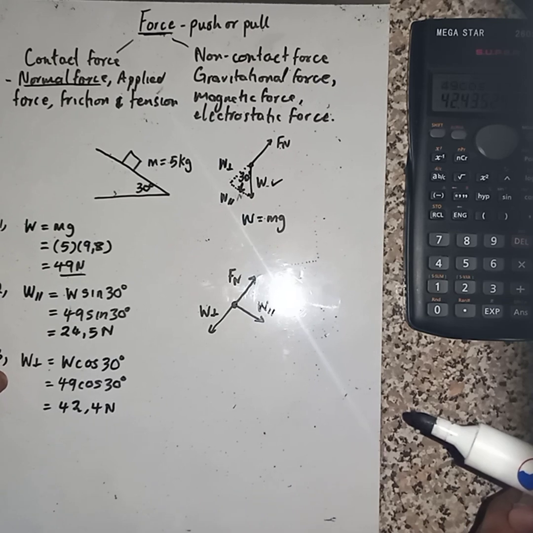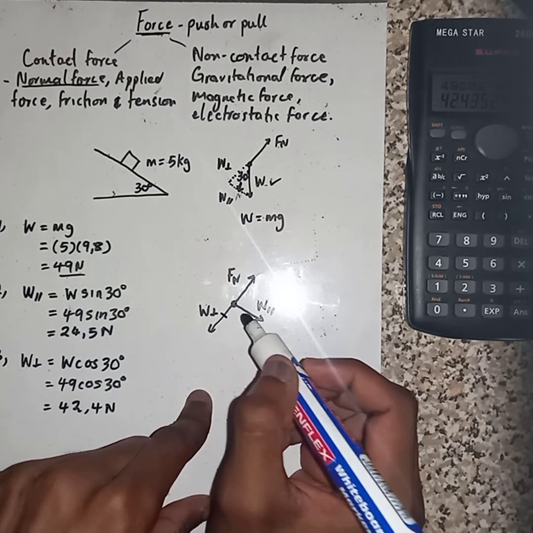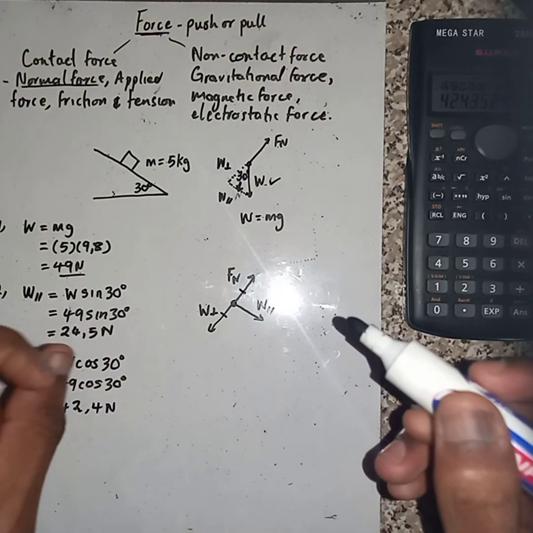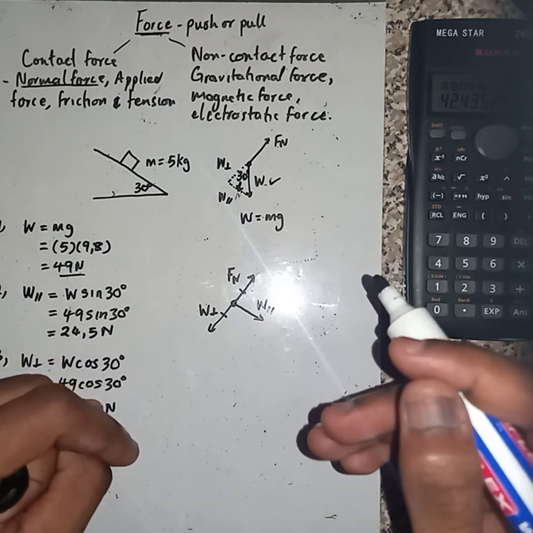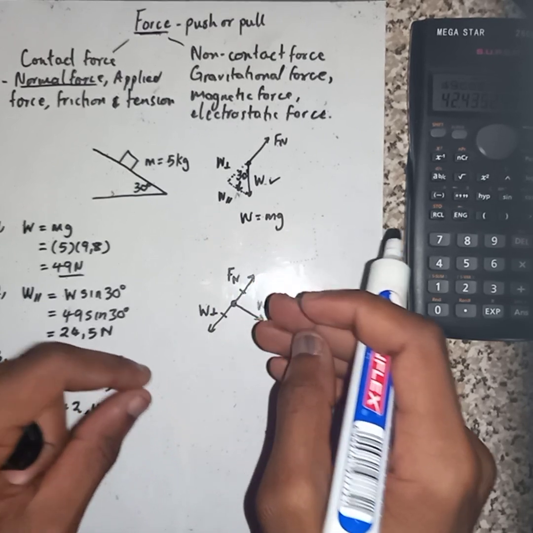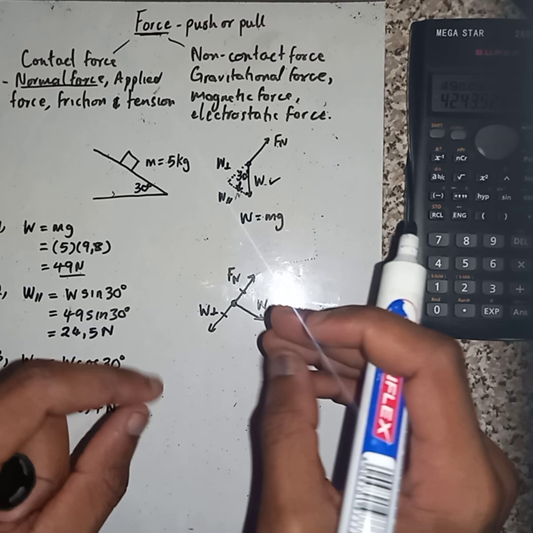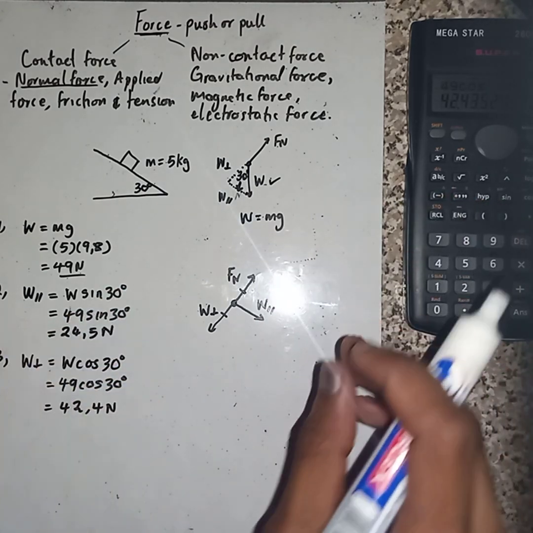Bear this in mind. The perpendicular component together with the normal force, they are going to be equal but acting in opposite direction. We say such forces are at equilibrium. They are equal, yes, but act in opposite direction.